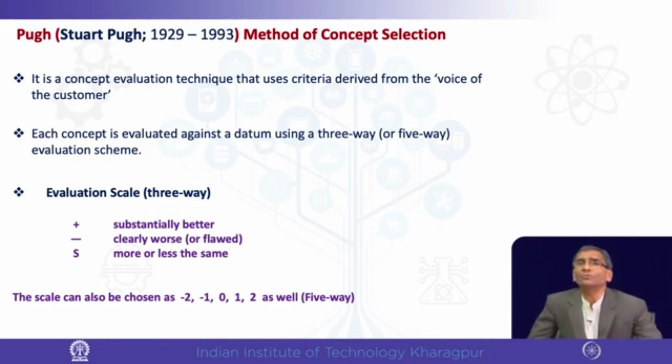Similarly, it is not only load, it can be any criterion, it can be a safety criterion, an ergonomic criterion, or an eco design criterion, say how much greenhouse gas it is emitting. If it is more, then it is worse.